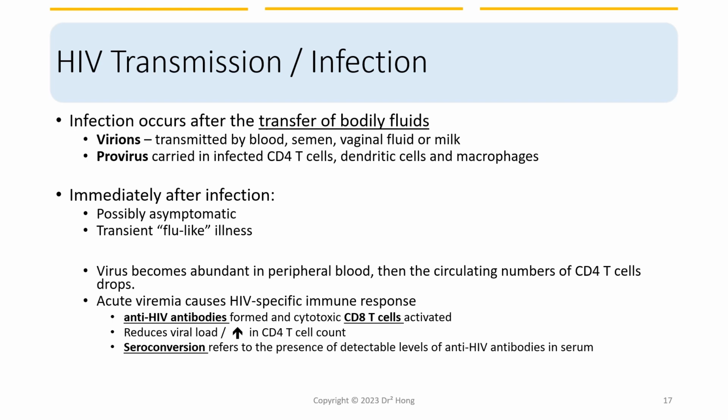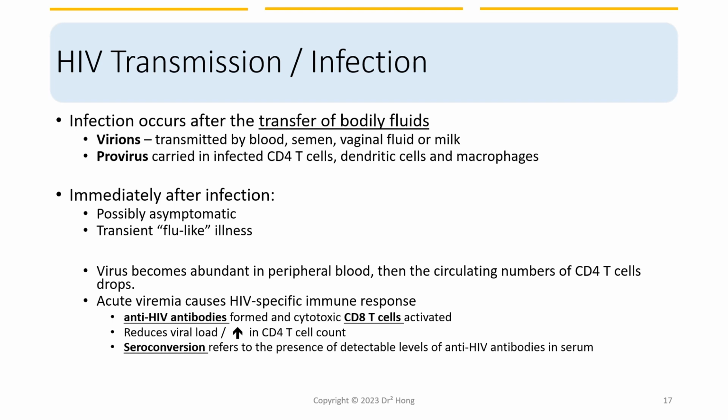HIV infection occurs primarily through the transfer of bodily fluids, such as blood, semen, vaginal fluid, or milk. The virus can be transmitted via virions in these fluids or through the provirus carried in infected CD4 T cells, dendritic cells, and macrophages.